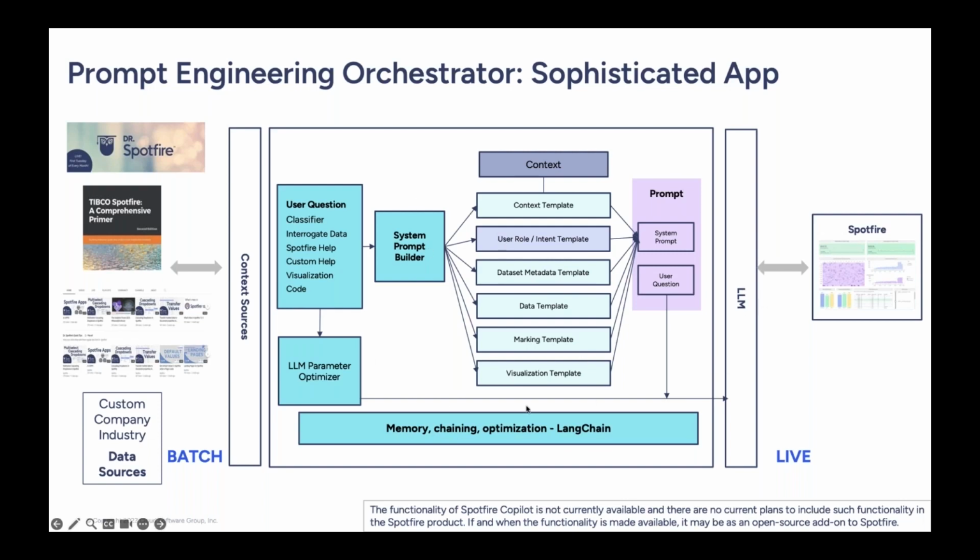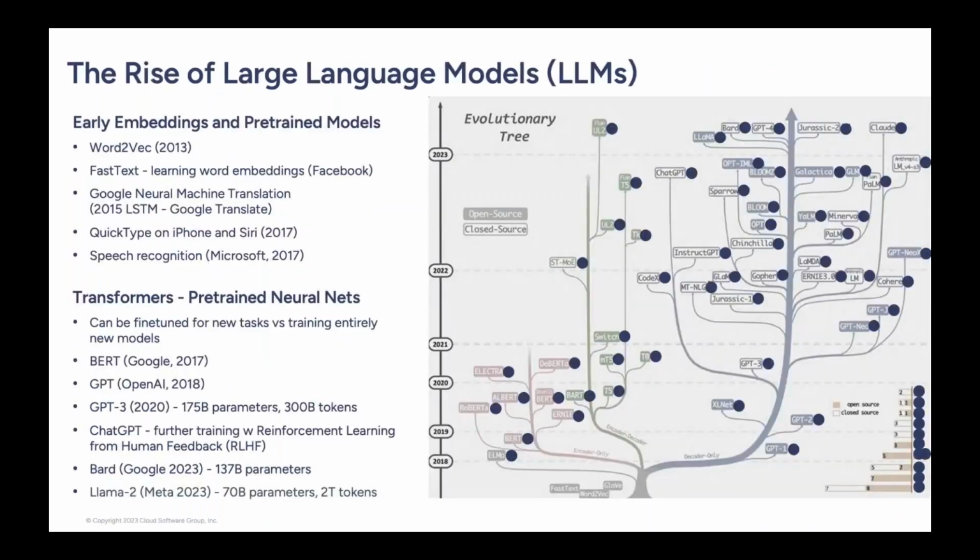And this orchestrator is what we've open sourced into the Spotfire community. We've been working with a number of the different models as part of this, particularly Llama 2 that I mentioned and GPT-4. You see this explosion in the evolutionary tree of large language models that we've been working with. In fact, we've been working with BERT for quite a while in our NLP package for things like NLQ.